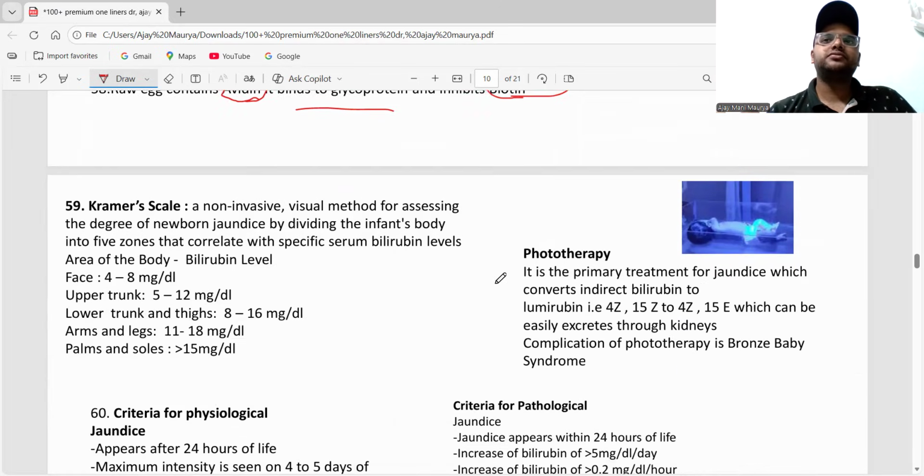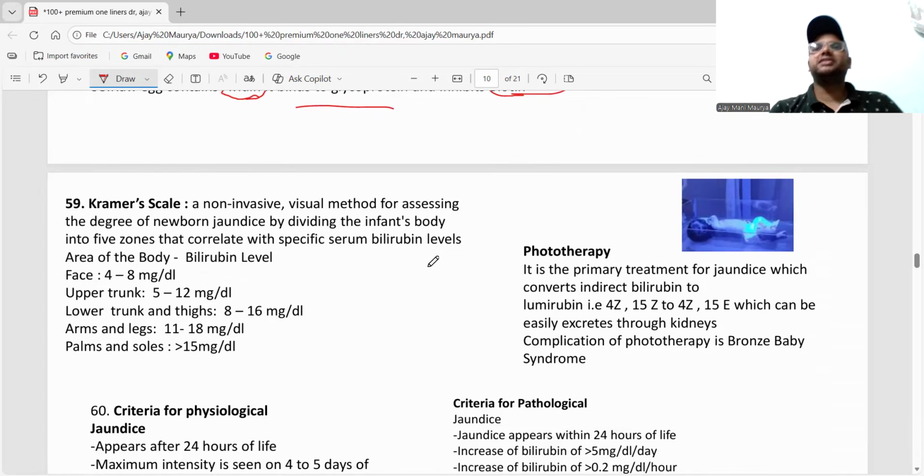Next one, there is Kramer's scale. It is a non-invasive visual method for assessing the degree of newborn jaundice by dividing the infant's body into 5 zones: face, upper trunk, lower trunk, arms and legs, and palms and soles.